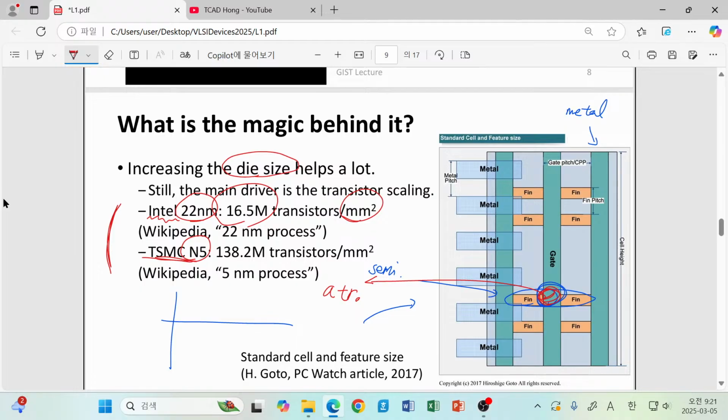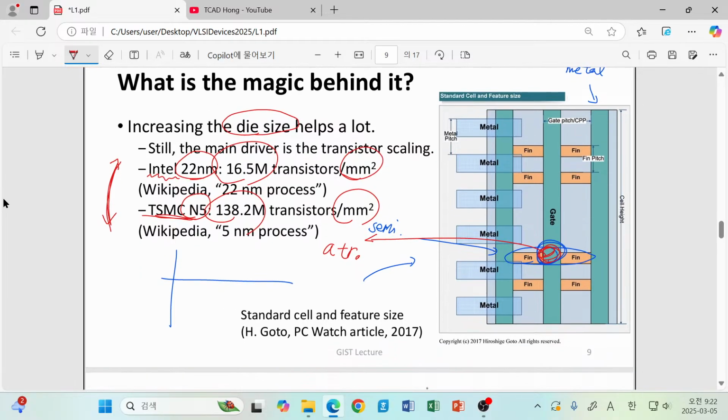And with this base technology, per square millimeter, we can integrate 130 or 140 million transistors in it. So it means that between this time period, people have invented some ways to integrate more transistors into the same silicon area. So that is the magic behind it. So scaling down, make it smaller, that is our magic.